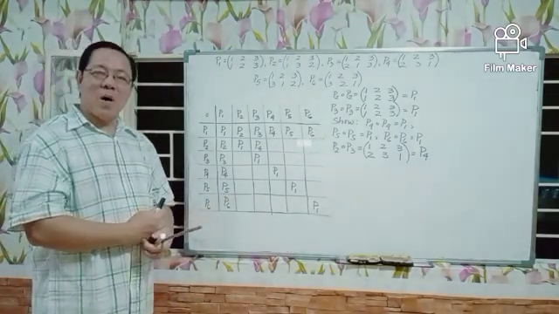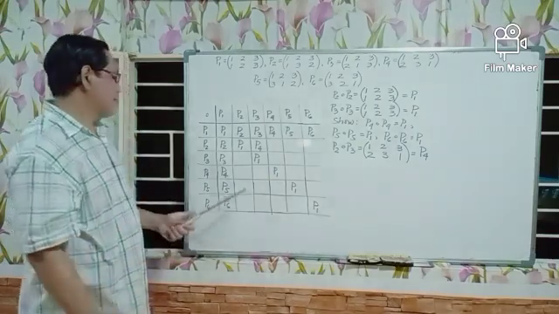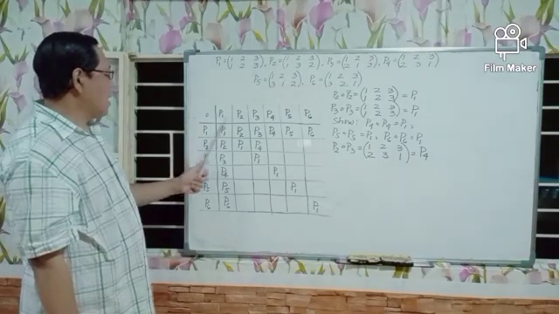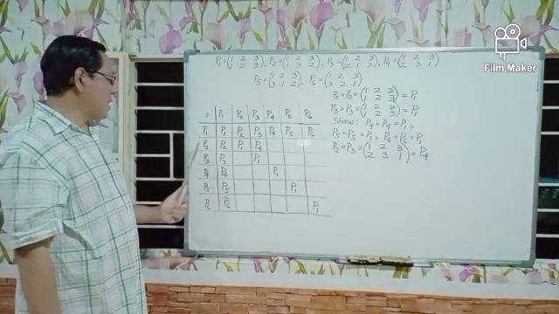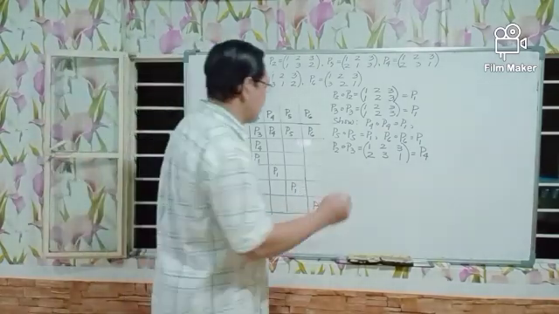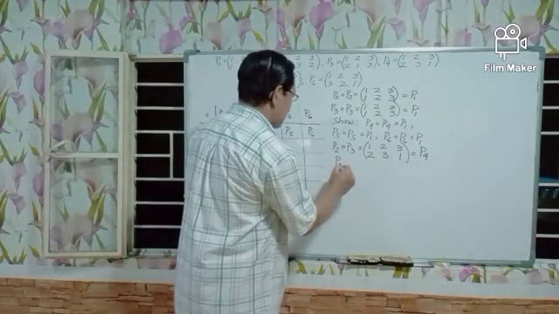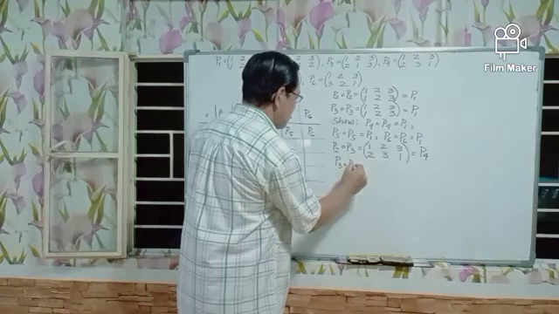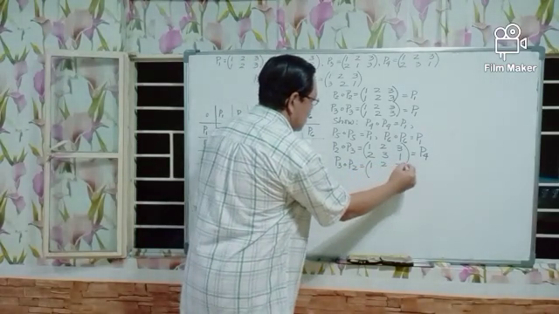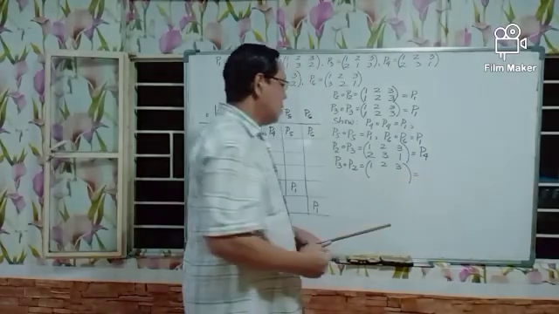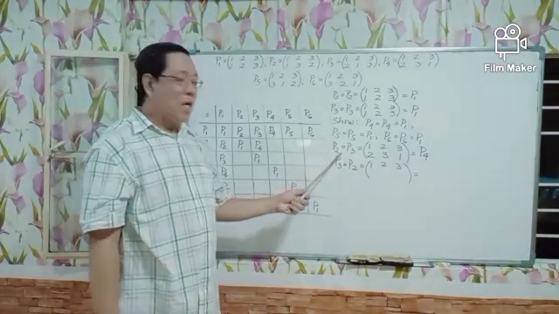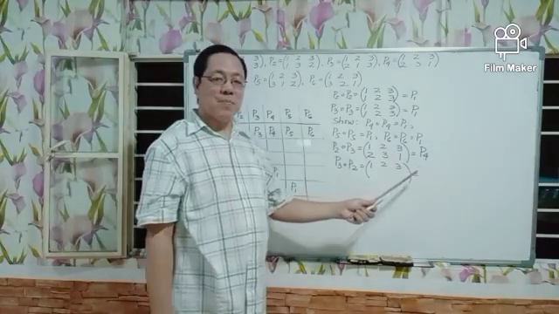Next, we find the composition of P3 and P2, or P3 circle P2. We have shown that the composition of P2 and P3 is P4.